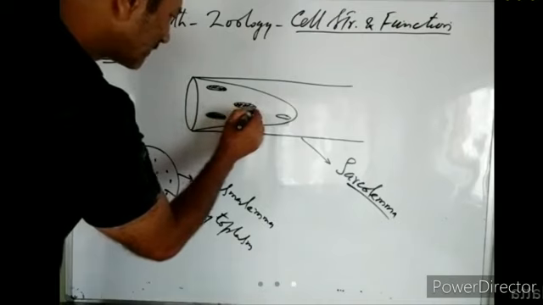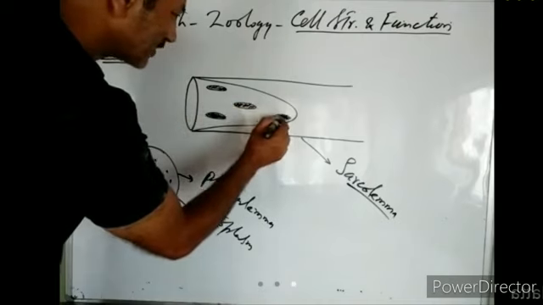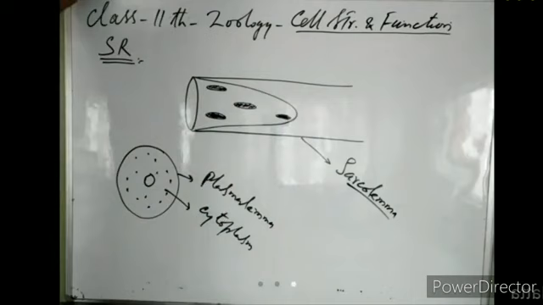I hope you remember what a multinucleated animal cell is called. In the beginning of this chapter, I told you multinucleated animal cells are known as syncytial cells, right?